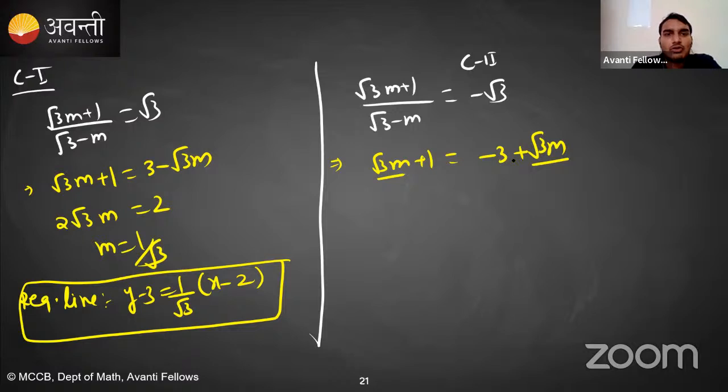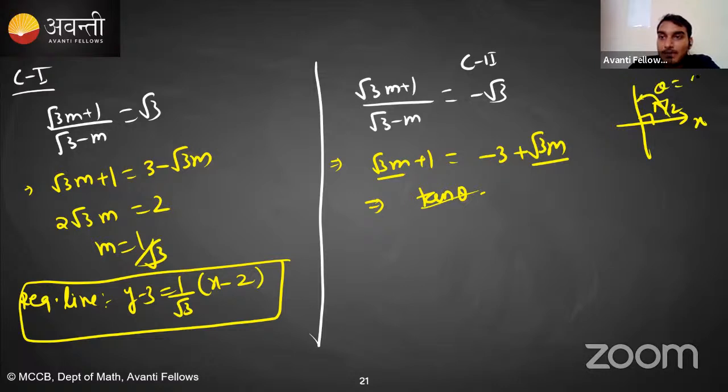It means your line is perpendicular. Your line is making an angle of pi by 2, a slope of infinity, right? So it implies tan theta, that line with the x-axis making pi by 2 angle, so theta, this angle, is pi by 2.